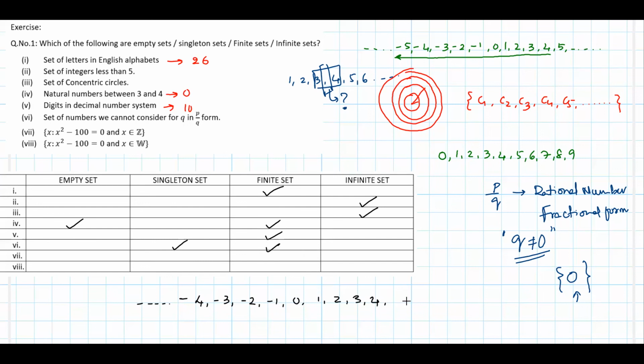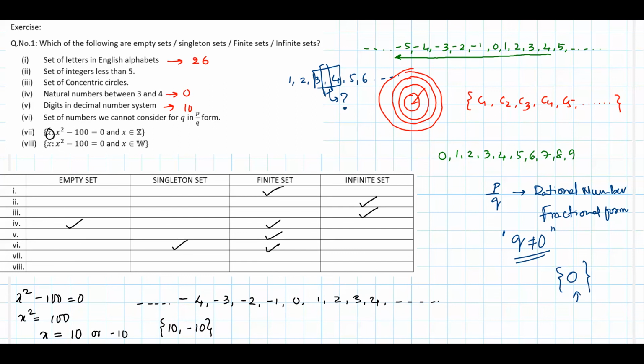These are all called integers. The mathematical expression is x squared minus 100 is equal to 0. From that, x squared is equal to 100, so x can be 10 or minus 10. We can form a set with 10 and minus 10. These are the solutions they're asking for.